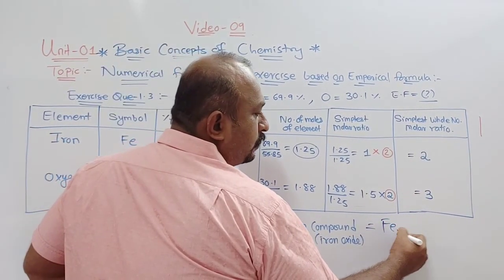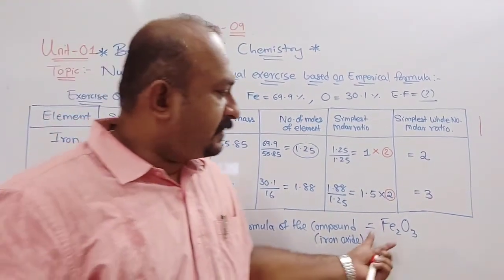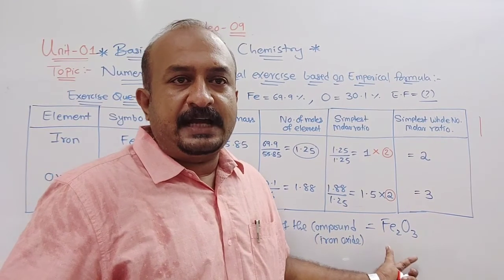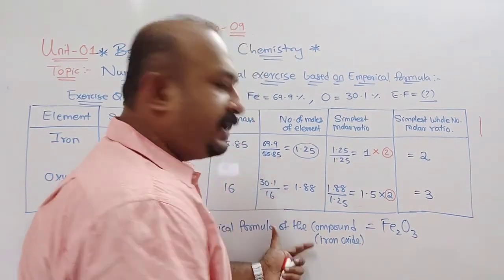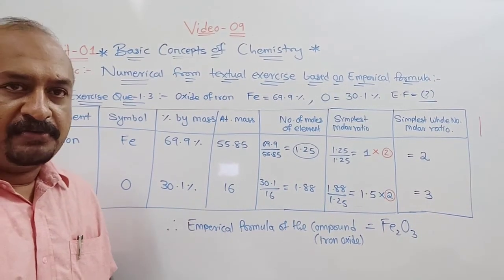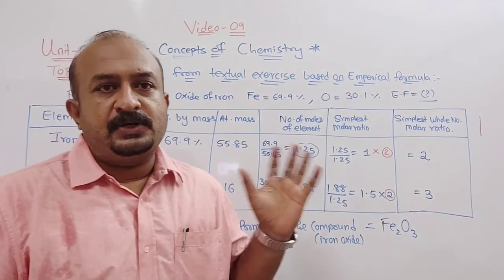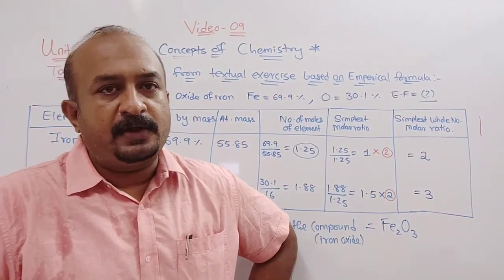So Fe2O3, ferric oxide as we said earlier. Fe2O3 is the iron oxide and this is its empirical formula. Is it clear? You can write this down in your fair book. So two numericals we have seen based on empirical formula and molecular formula.